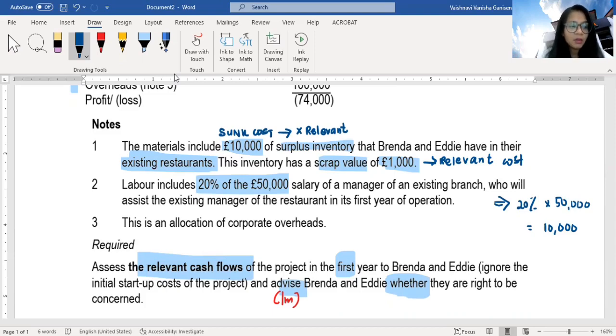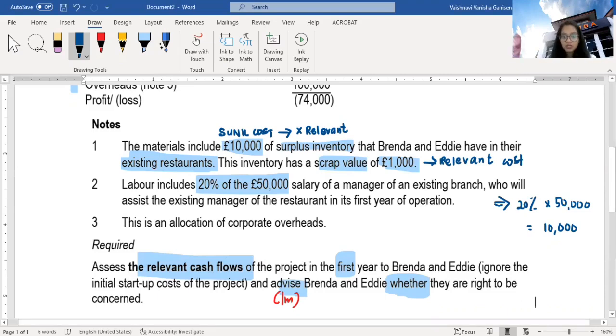It is not relevant, because this manager's salary has already been committed. You signed a contract with your manager, so you are paying him on a contractual basis.